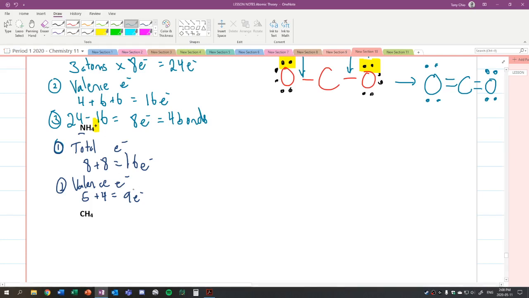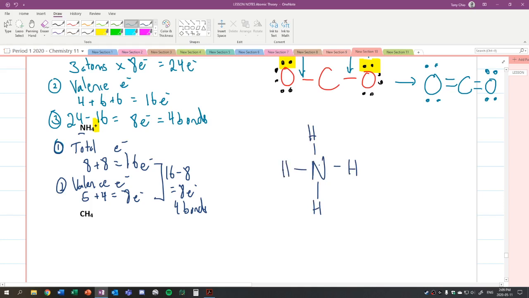So instead of it having 9 valence electrons, it actually has 8. So in total, if you were to subtract, 16 take away 8 is equal to 8 electrons in bonds. So that's 4 bonds. We should expect 4 bonds. Okay. So if you look at this, nitrogen should be in the middle to make it symmetrical. Hydrogen surrounds it.